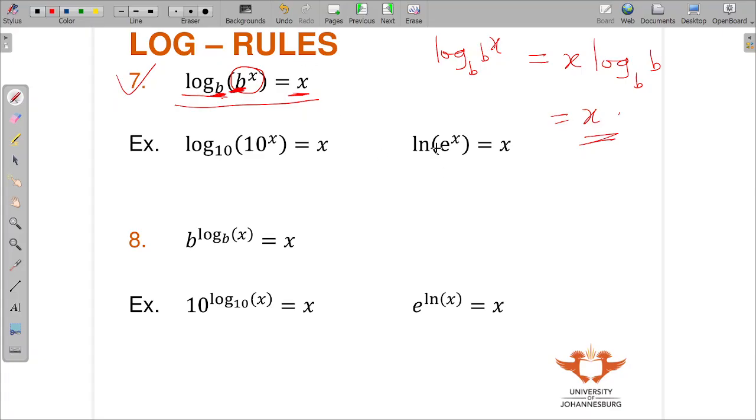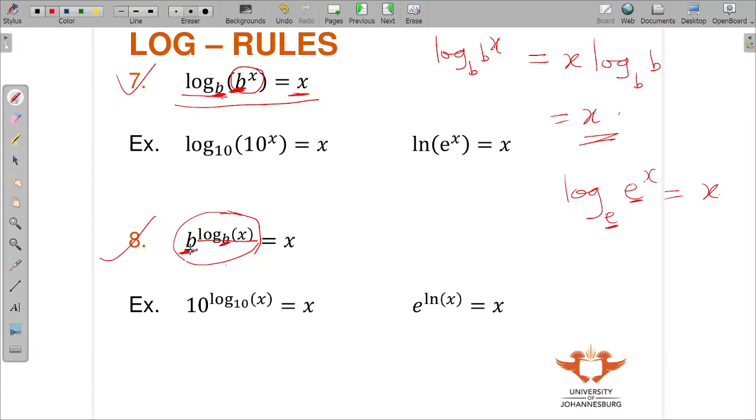Let's have this. If we have log e of e raised to power x, this also gives x, because the base of the log is e and the base of the exponential function is also e. Don't forget, log and exponential function are inverse functions. Here the whole of this is an exponential function, but the exponent is a log which has the same base.